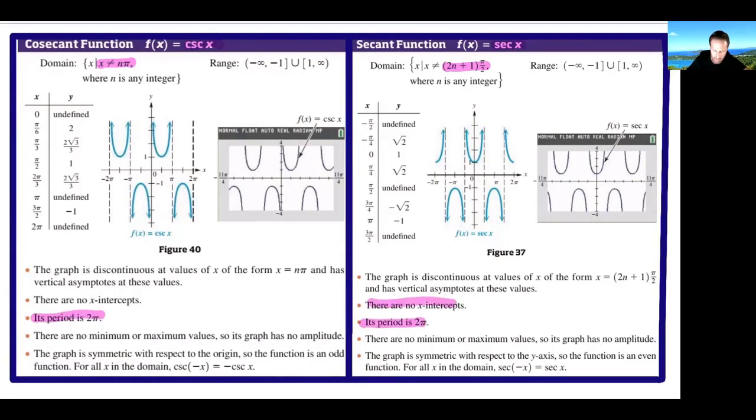These actually don't have x-intercepts, so that's a key. And then there's no amplitude because of the min and max values not being there. So hopefully you are feeling pretty good about this last section of graphing here before we move on to the shifting and translations that they can throw at us with these new cosecant and secant functions.